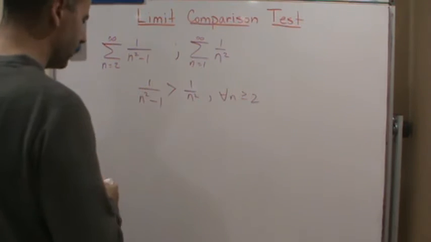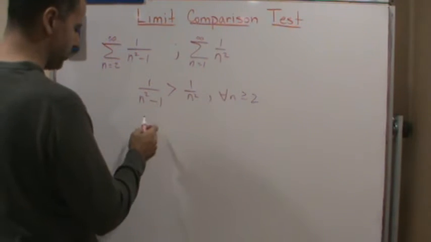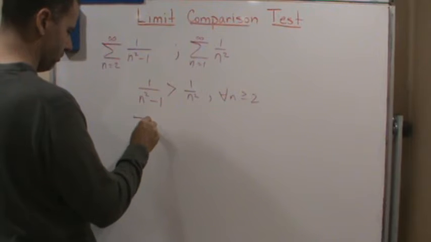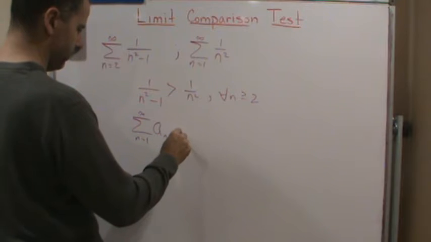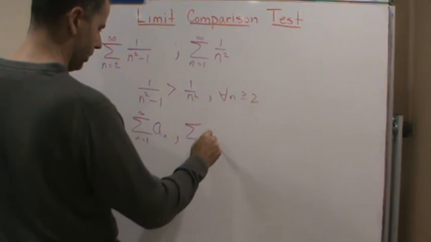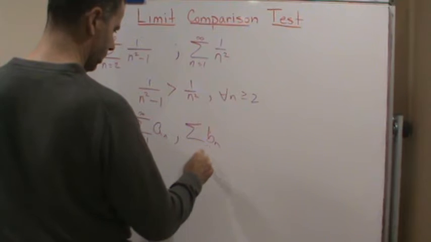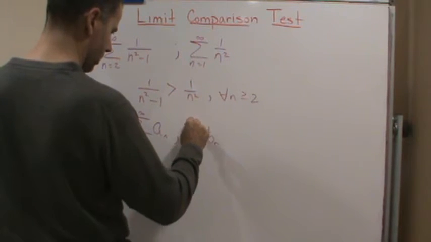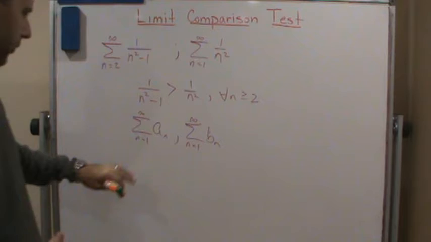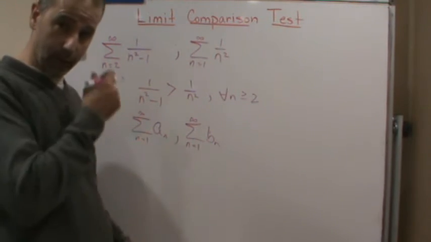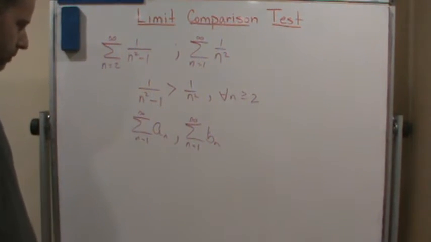Well, the way the limit comparison test works is if you have two series, the sum from n equals 1 to infinity of a sub n, and the sum from n equals 1 to infinity of b sub n, and these are all with positive terms, so they're going to have increasing partial sums.